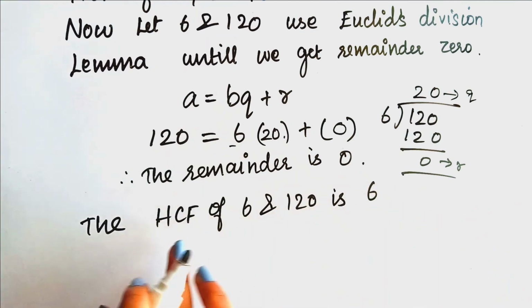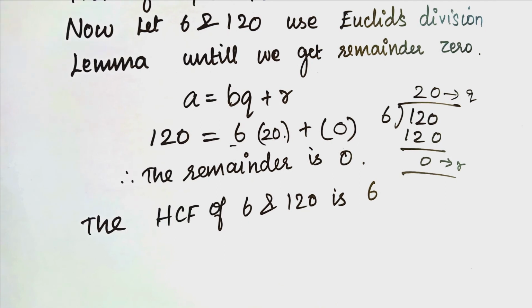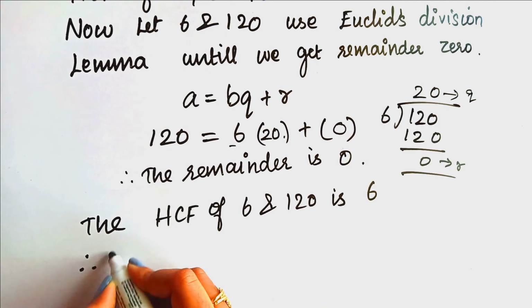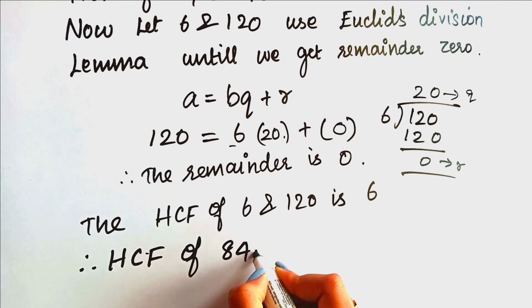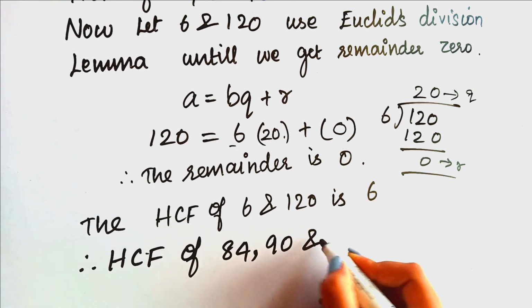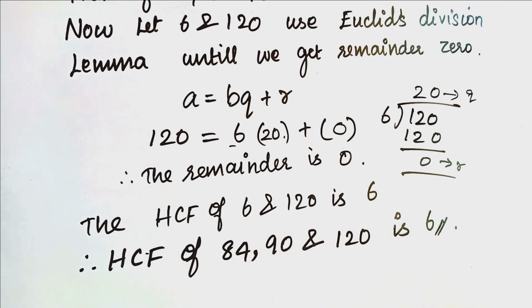So the HCF of 6 and 120 is 6. Therefore you can say that HCF of 84, 90 and 120 is 6. So this is the answer.